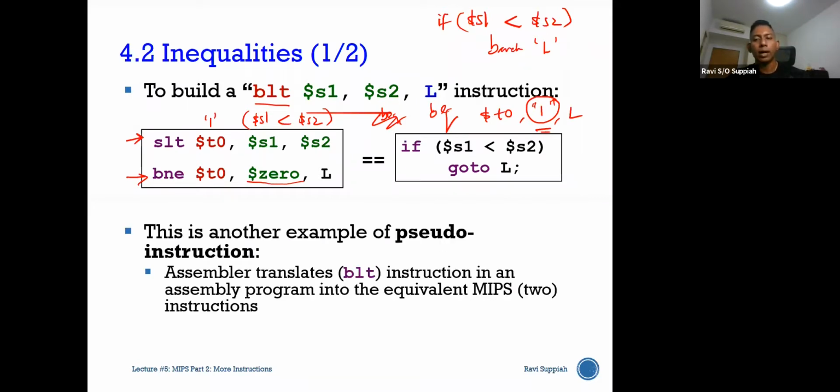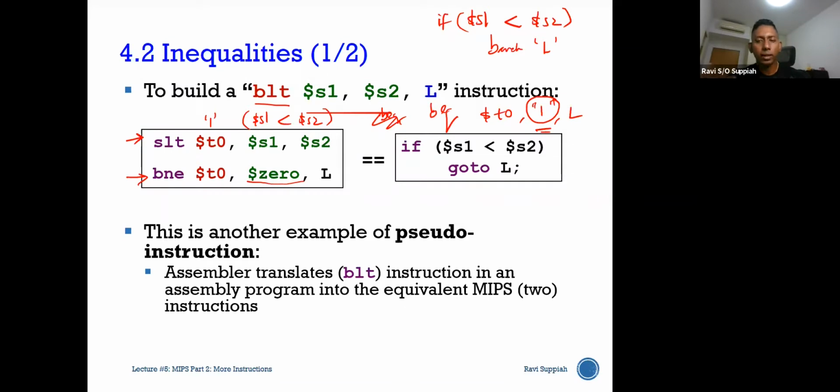There are what we call pseudo instructions in MIPS, which you can use. Basically what the pseudo instruction does is, in your code, you will still write it as BLT, but when you compile, it will translate into these two instructions.